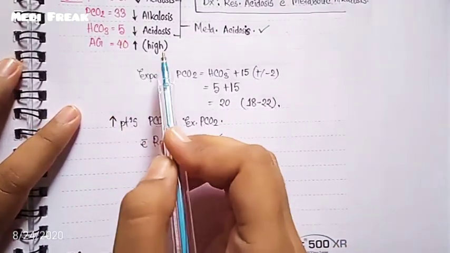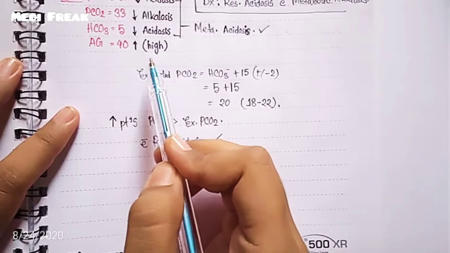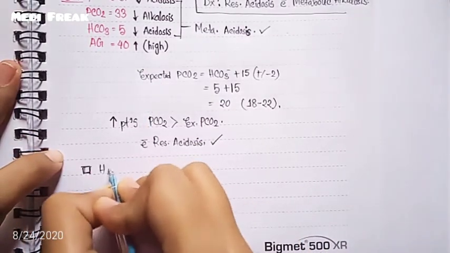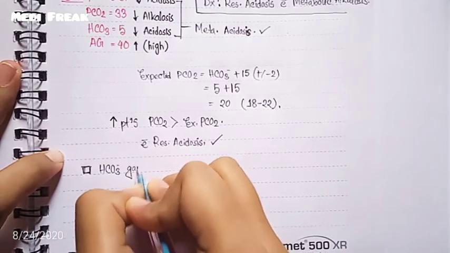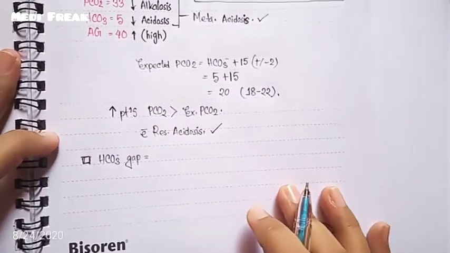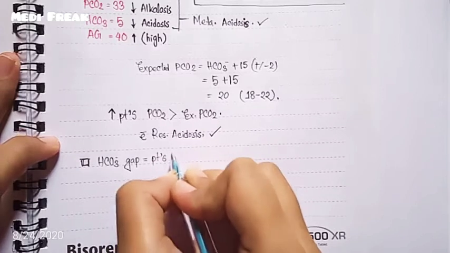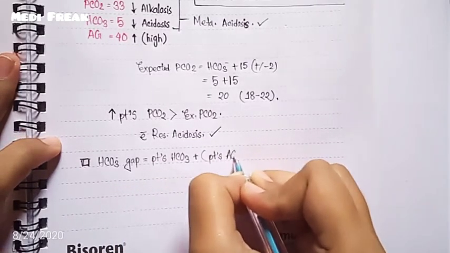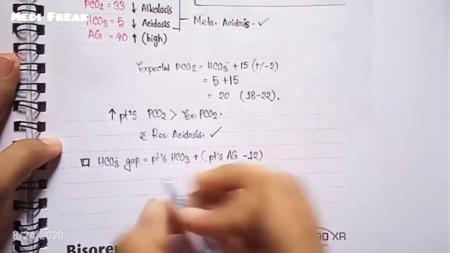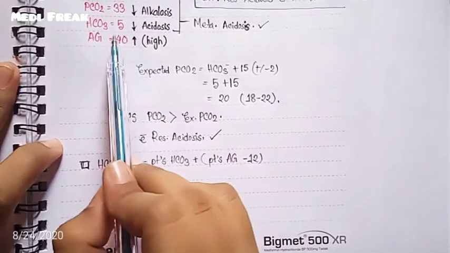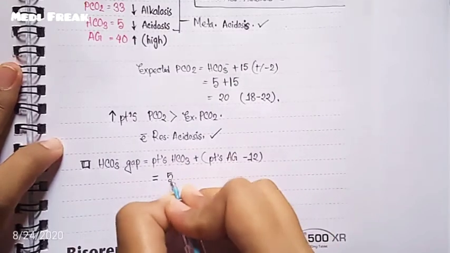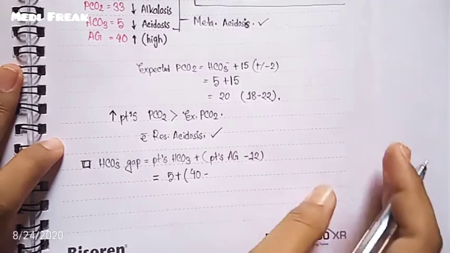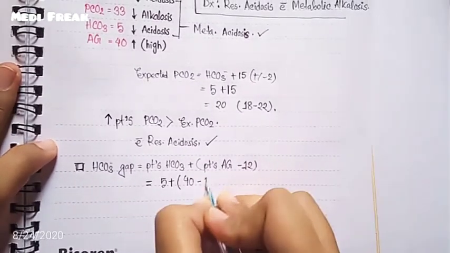Here anion gap is high, so we need to calculate the bicarbonate gap. Okay, so our bicarbonate gap is equal to, we know the formula, patient's bicarbonate plus patient's anion gap minus 12. Okay, here the patient bicarbonate is 5. Okay, 5 plus anion gap 40, 40 minus 12.